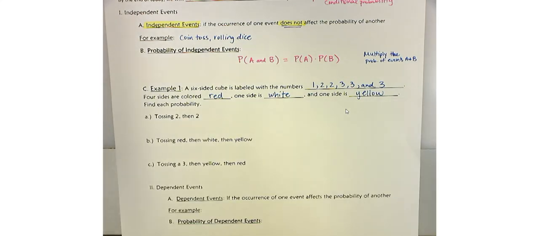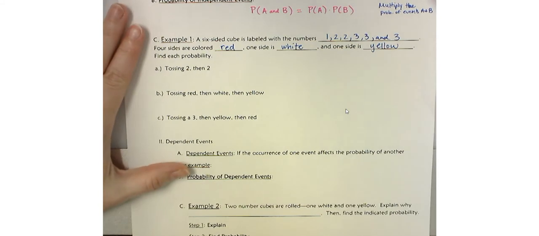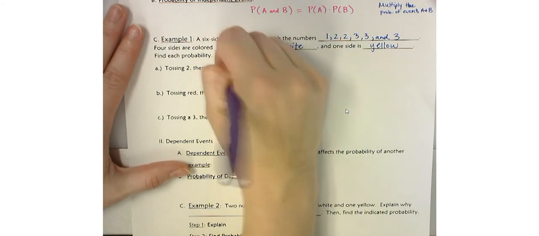So we want to find the probability of tossing a 2 and then tossing a 2 again. So what we have to do is find the probability of tossing a 2 in the first place. So remember, the probability is going to be the favorable outcomes over the total outcomes. Damien, how many total outcomes do I have for this? 6.